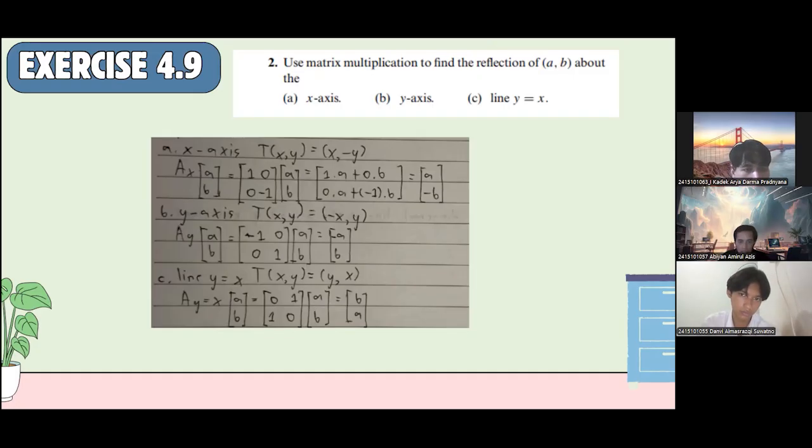As we can see, the result is (a, -b). Then for the y-axis, T(x, y) equals (-x, y), and multiplying by the y-axis pattern with (a, b) results in (-a, b). And the last, the line y equals x, which is T(x, y) equals (y, x), multiplying by (a, b), and the result means (b, a).